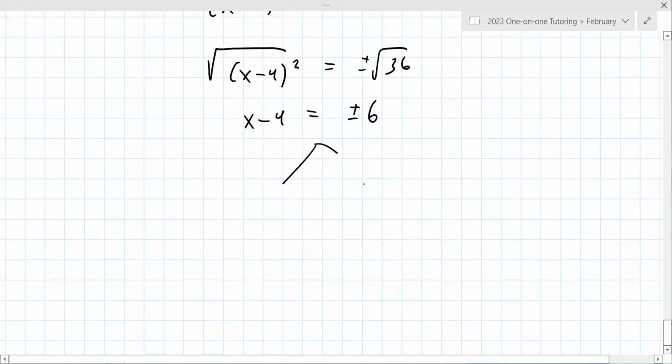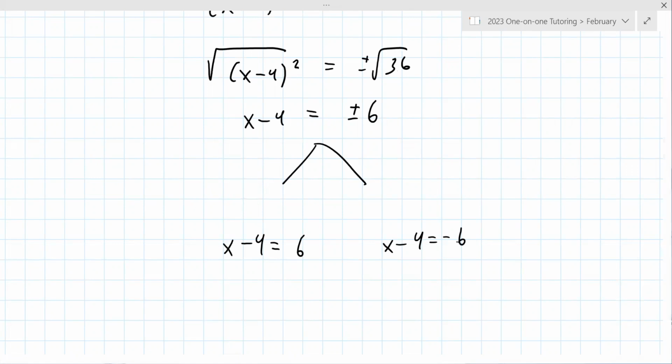So now it's two cases. x equals 20. Oh no, sorry. x equals 20 and x equals negative 20.